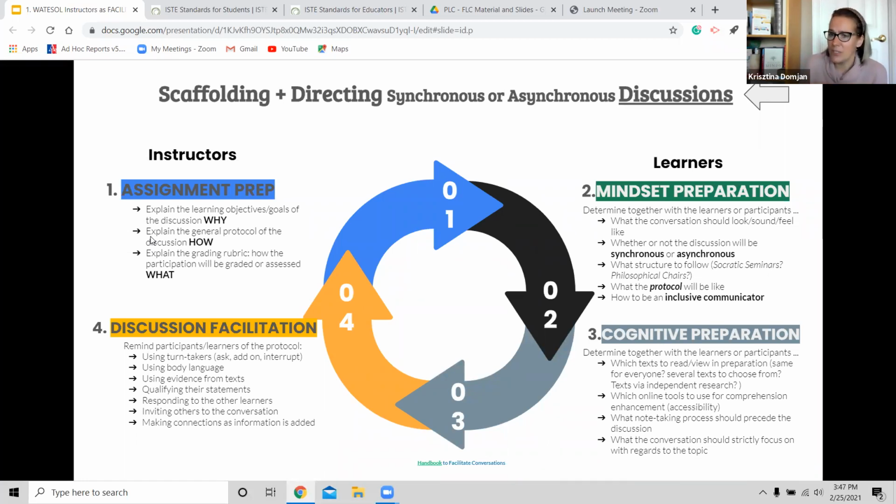So cognitive preparation also: okay, what is the topic? How much reading do you have to complete? I ask students to take Cornell notes before they come to the class discussion, so I can verify that they are fully prepared, and also that they have selected some images and some sentences that they can quote and paraphrase, or information that they can summarize and share with the other students during the discussion.